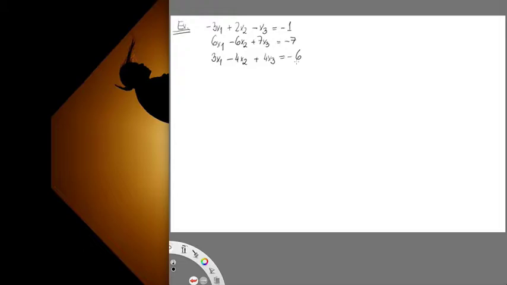I'm going to, and that's what we did last time, create an augmented matrix out of it. An augmented matrix is simply a matrix of coefficients from the left-hand side. So in this case, I have a 3 by 3 matrix. And then I just do a line, and I'll put the right-hand side on the right-hand side of that line: minus 1, minus 7, and minus 6.